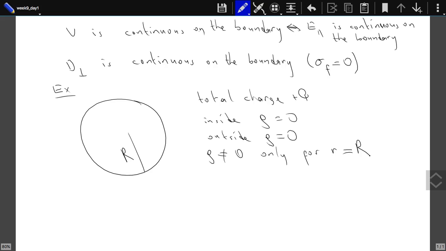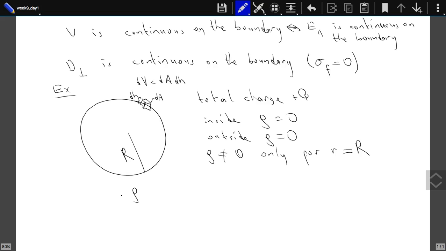What is the volume of the points for which r is equal to the radius? Zero. So what should be the charge density on the surface? You see, if I take some volume over there with area A, let's say dA, height, let's call it dH, the volume is just dA times dH.